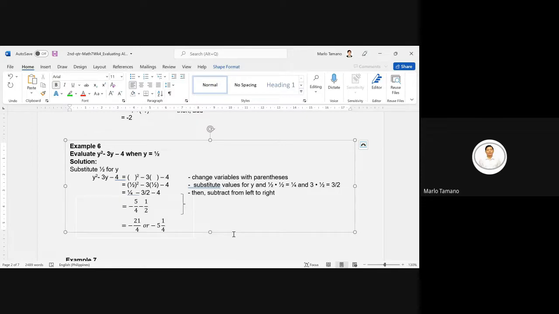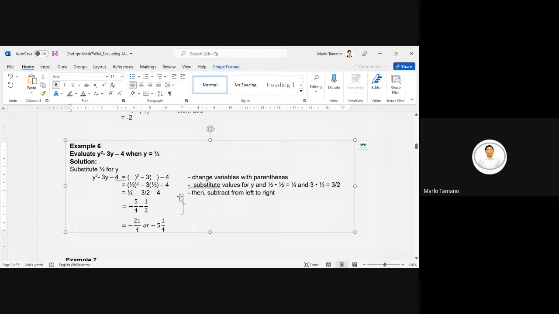Then, ilo-lowest term kung needed. 1/4 po, sir. Ito po, 1/4.